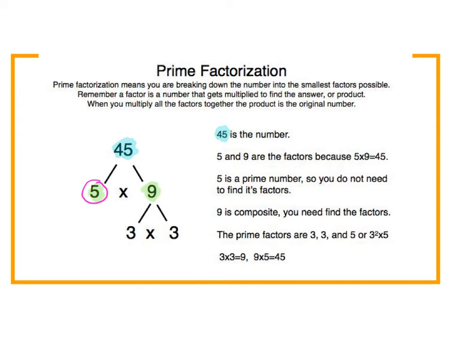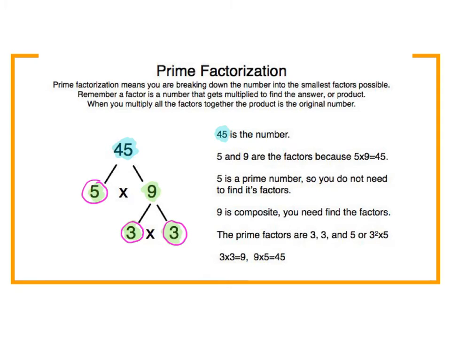We can break 9 down into 3 times 3. Both 3's are prime numbers, so we can circle them. Now we are only left with prime numbers.